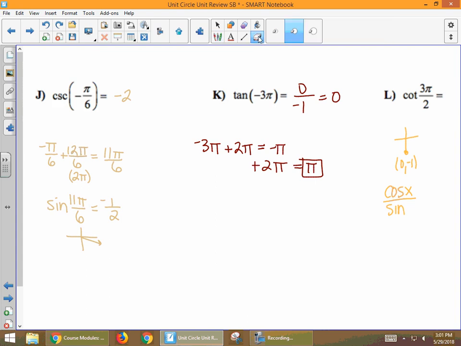Actually, instead of an x there, let's put in 3 pi over 2. So we said cosine of 3 pi over 2 is 0. Sine of 3 pi over 2 is negative 1. So our final answer here for L is 0.